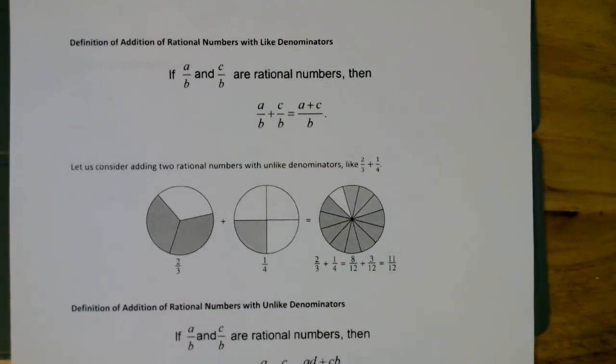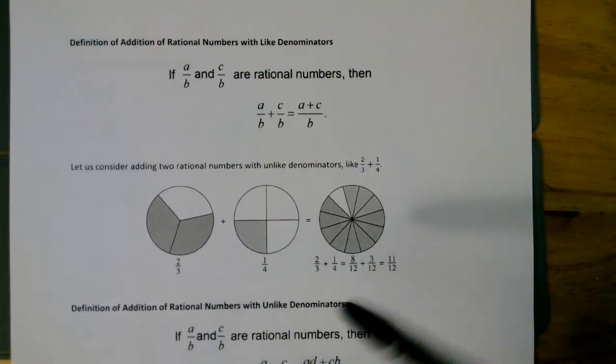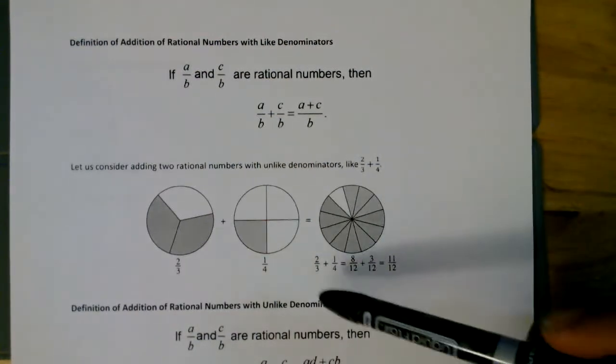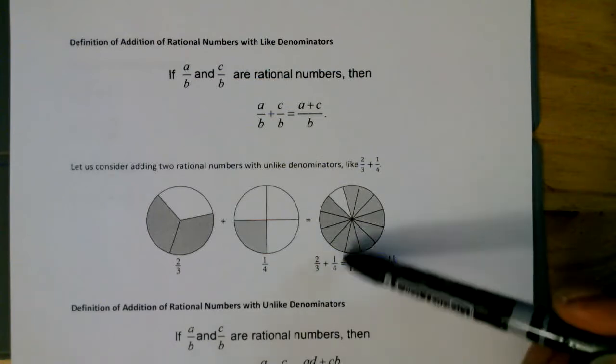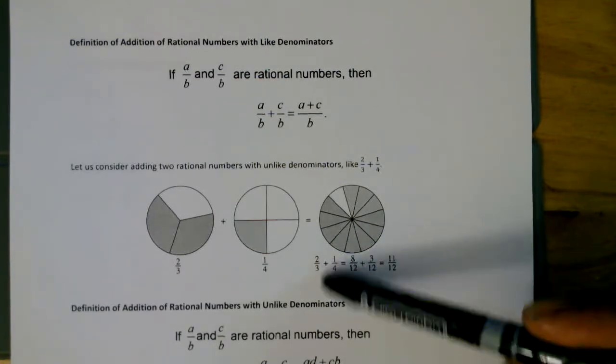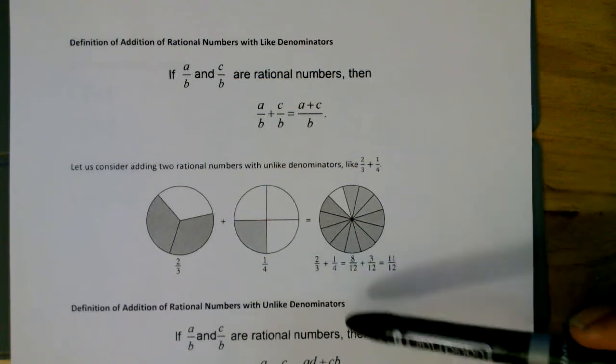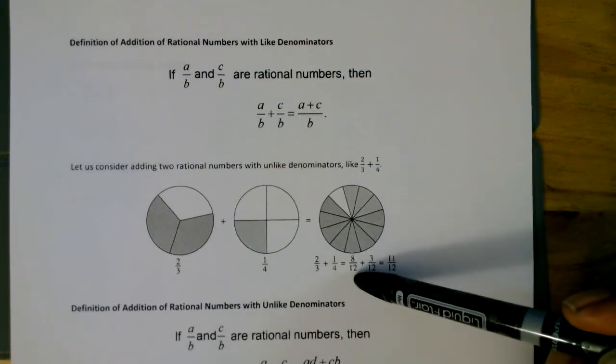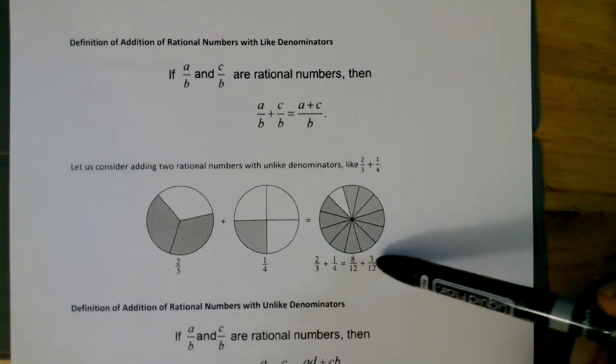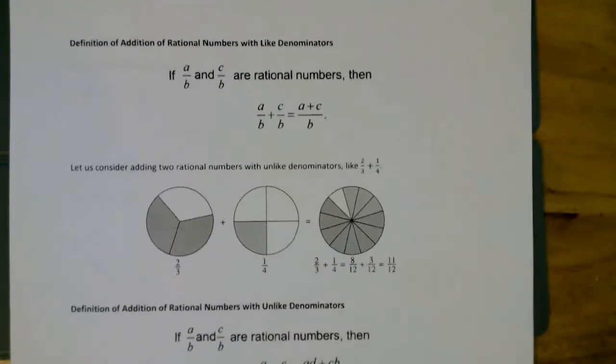Now, when I combine the 2 together, what we're going to have to do here is come up with equivalent fractions for 2/3 and 1/4. For 2/3, the equivalent fraction is 8 over 12. And for 1/4, the equivalent fraction there will be 3 over 12.